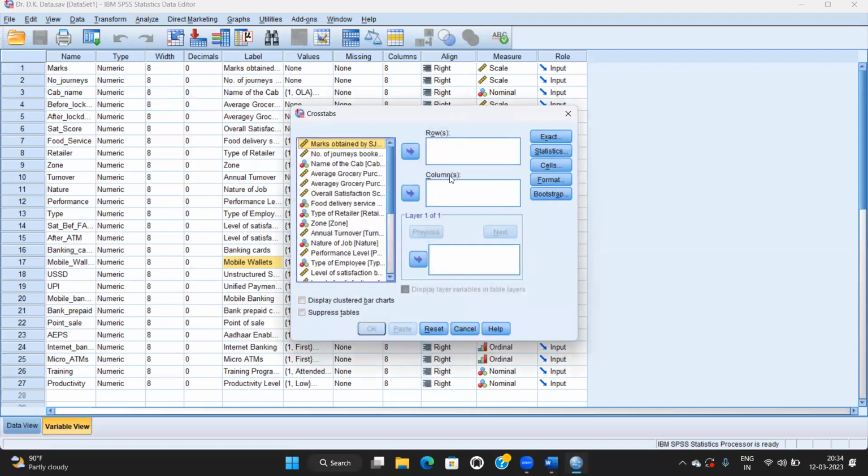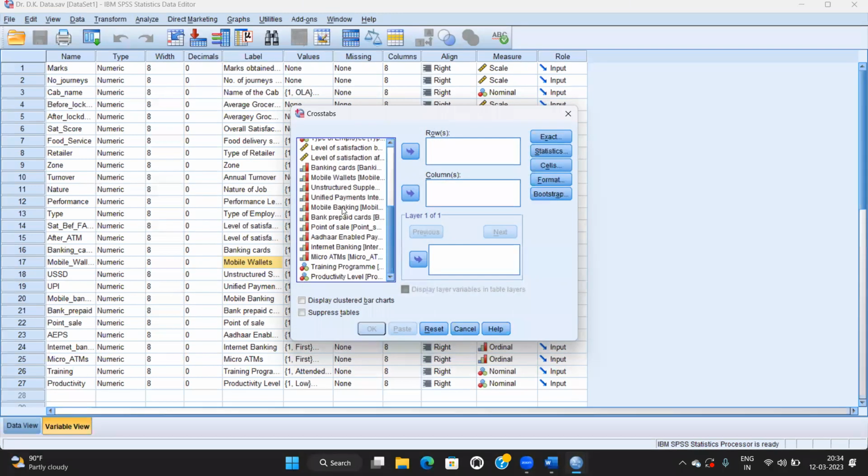So rows and columns. What is the row? Training program is the row variable. What is the column variable? Productivity level is the column variable. That's all. Then 5 buttons are given. The second button is statistics.